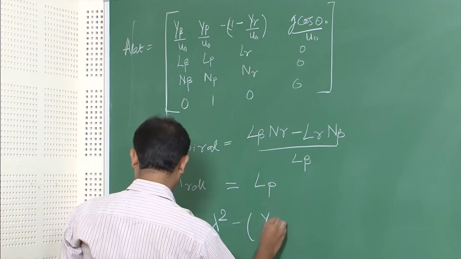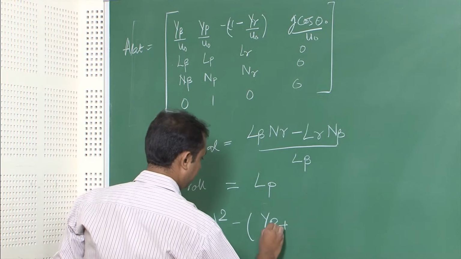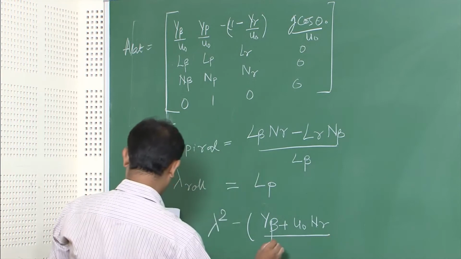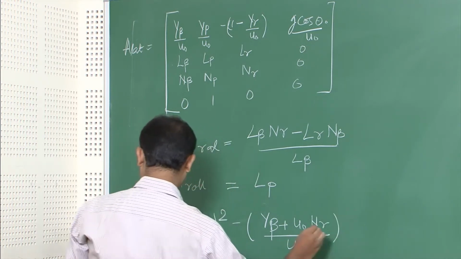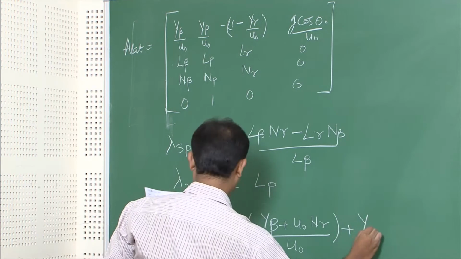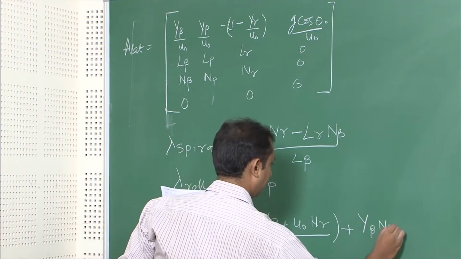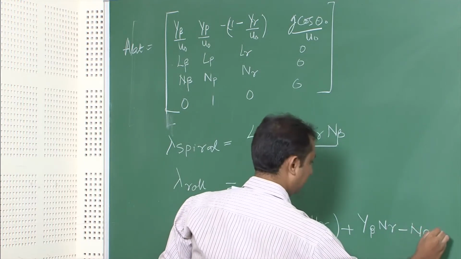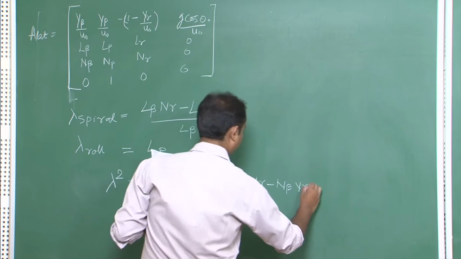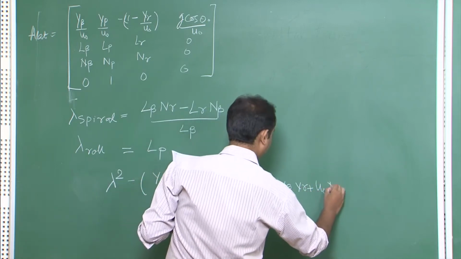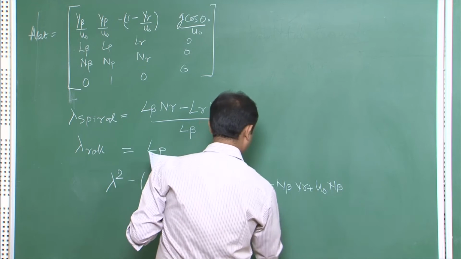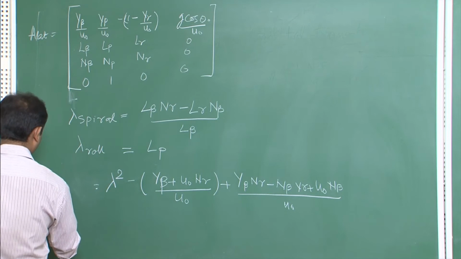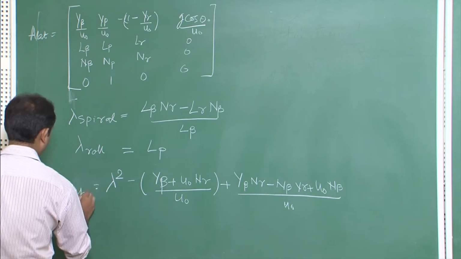For Dutch roll you can get the roots by solving the characteristic equation, with terms like minus (Y beta plus U naught N r) by U naught, plus (Y beta N r minus N beta (Y r plus U naught)) by U naught. This is for Dutch roll.